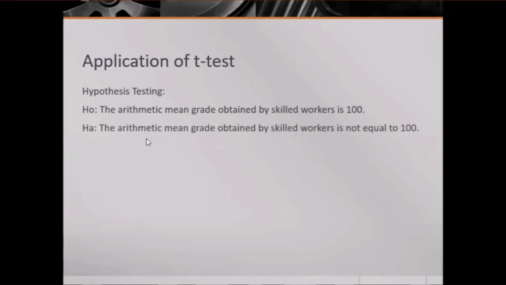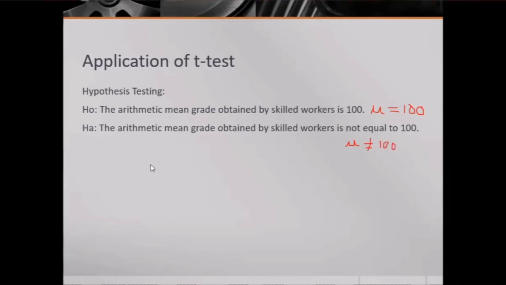Then ang magiging alternative naman ito, the mean grade obtained by skilled workers is not equal to 100. Not equal naman. Okay ba sila, diba? Ibig sabihin, dun sa ating null hypothesis, pwede natin ilagay ang ating population mean, mu, is equal to 100, diba? Yan. Tapos yung ating alternative naman, ang mu natin, symbol is not equal to 100. Okay.